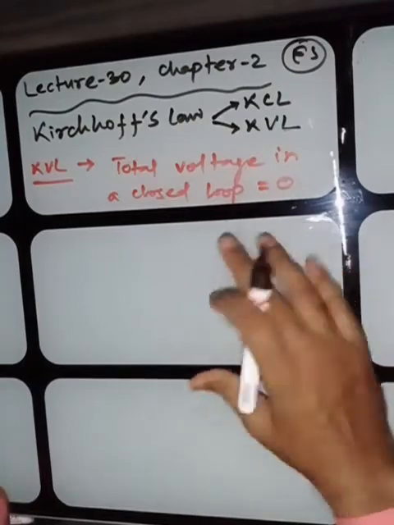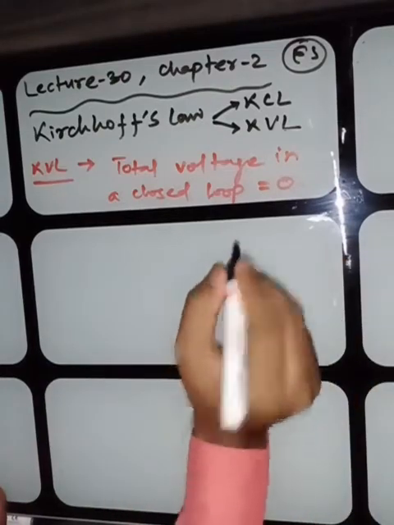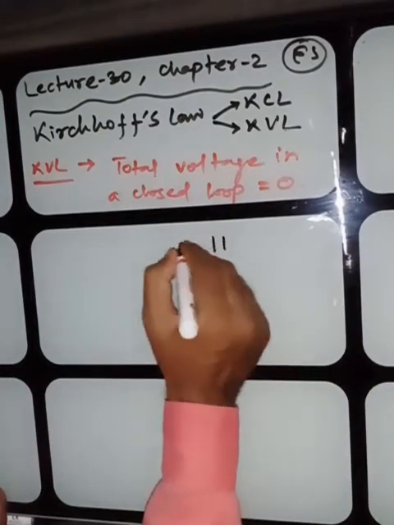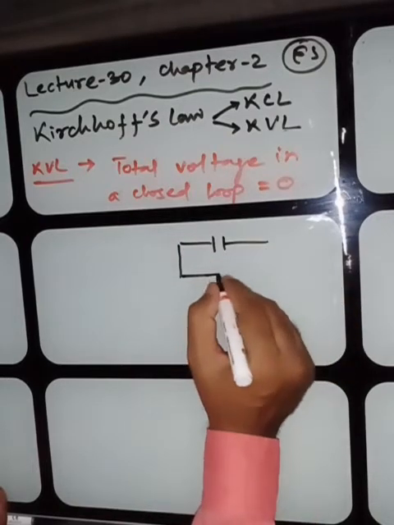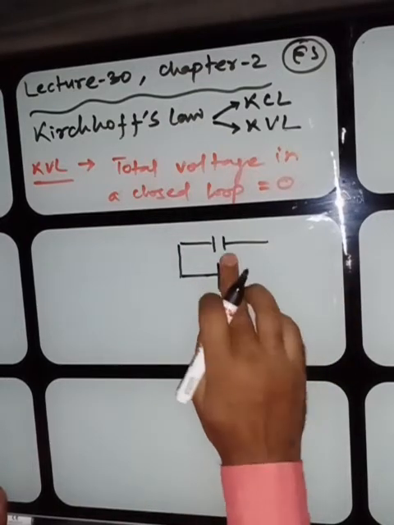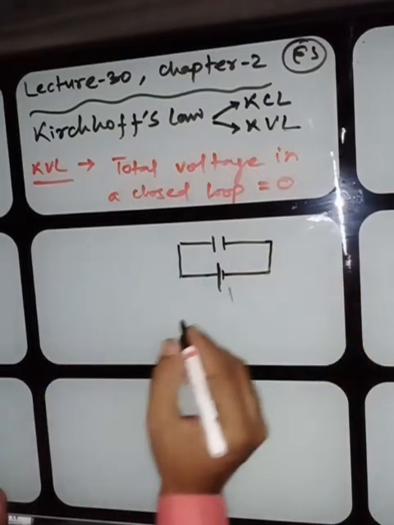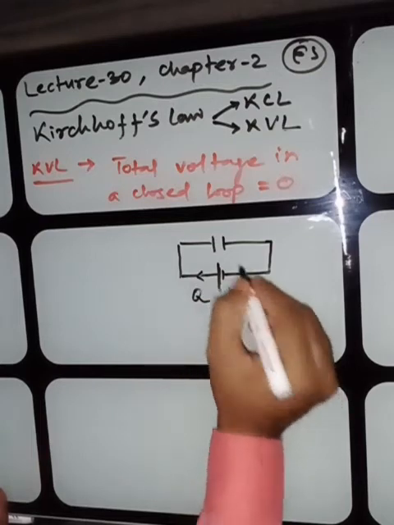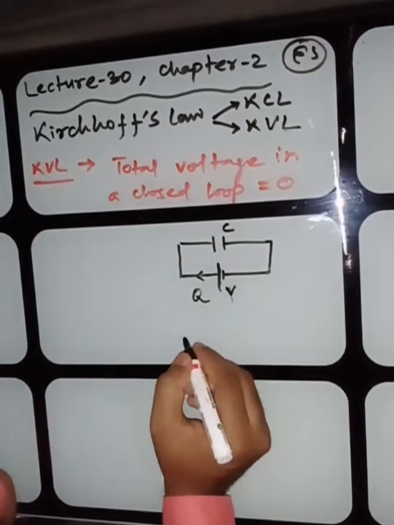Try to understand with a simple circuit. You have a capacitor connected to a battery. Charge is moving, the capacitance is C, and the voltage of this battery is V.